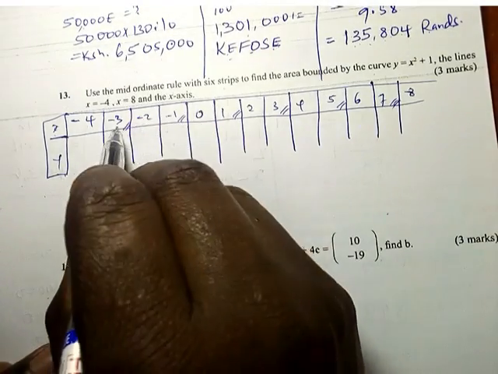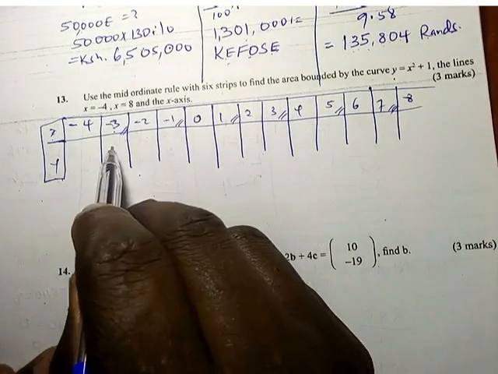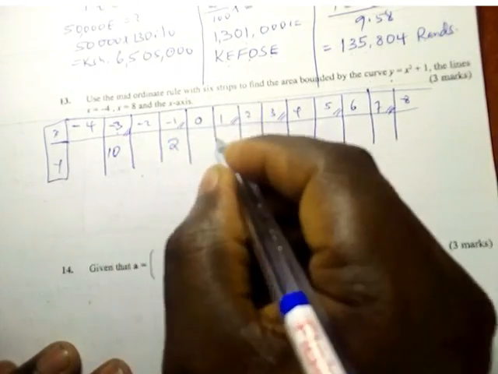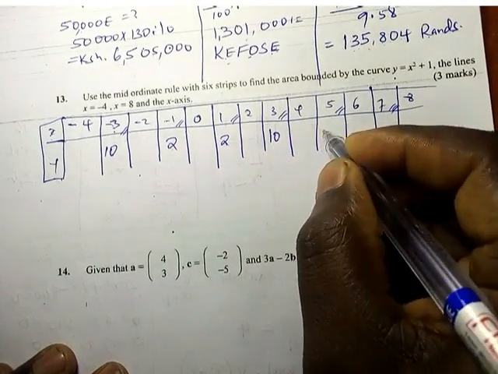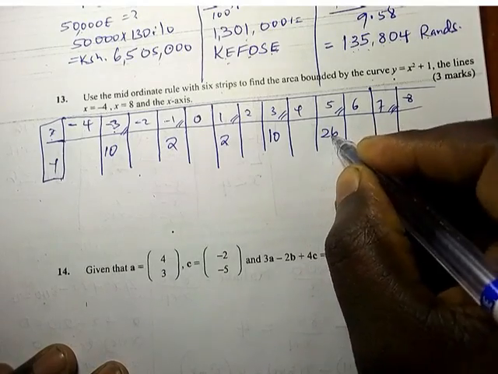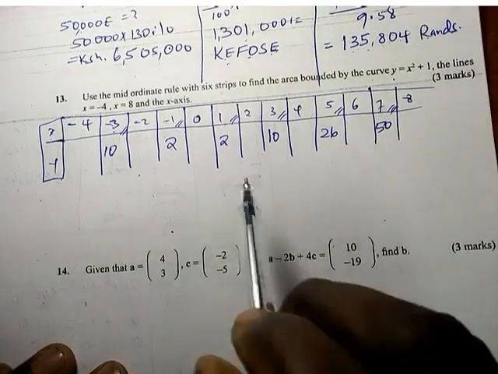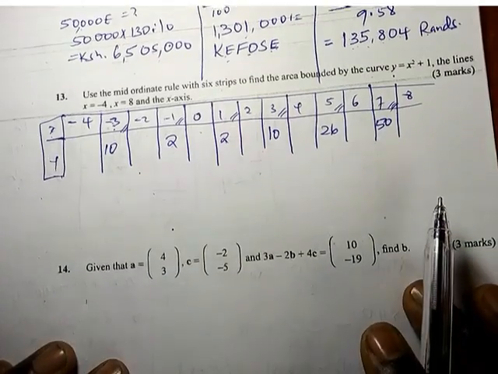So here, you substitute the value of the mid-ordinate in this equation, you get the value of y. This one will give you 10, 2, 2, 10, 26. This one will give you 50, the mid-ordinates. These ones are called the ordinates, but these are the mid-ordinates.